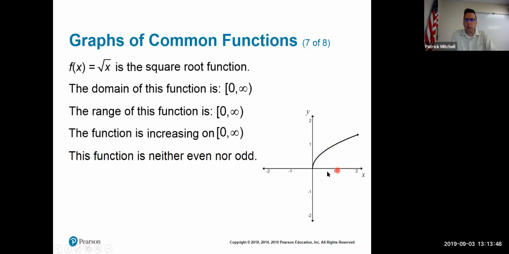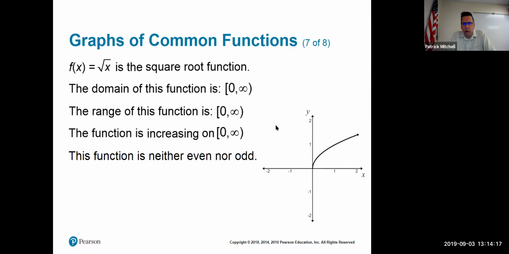You can't take the square root of a negative number, is the interpretation of that. And the range is y greater than or equal to 0 because the square root never comes out to be a negative number, right? This is an increasing function. And this is the first example of one of these common functions that is neither even nor odd.